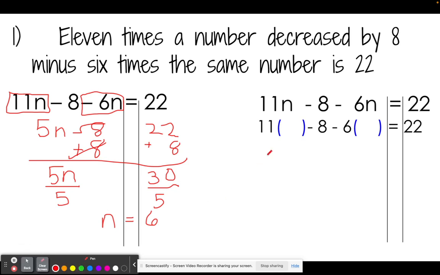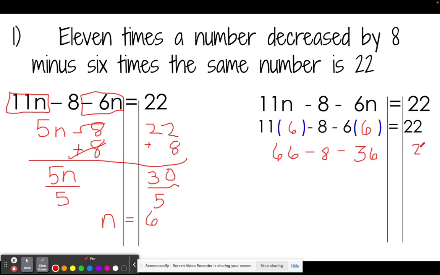So I'm going to put a 6 where the n was, and over here also. So 11 times 6, that's 66, minus 8, minus 36, 6 times 6, should equal 22.